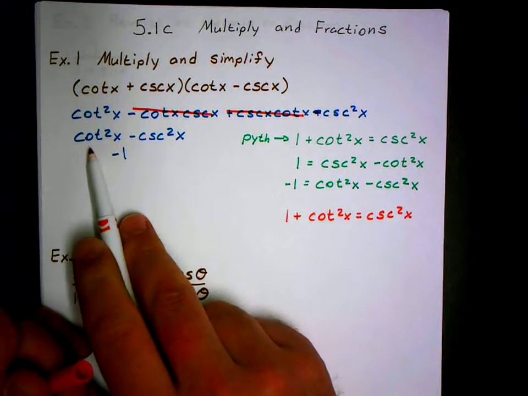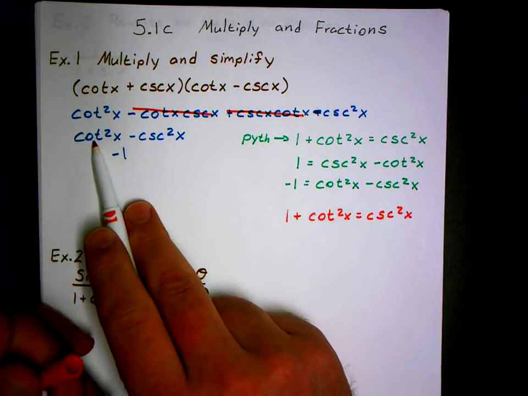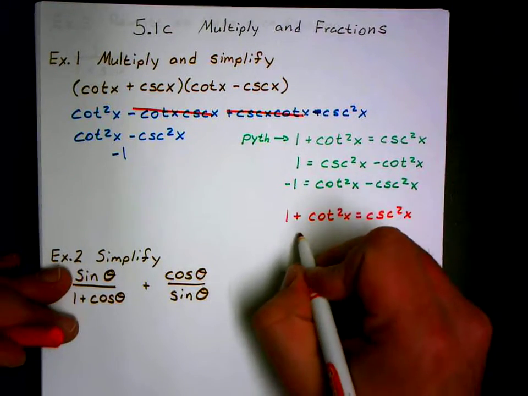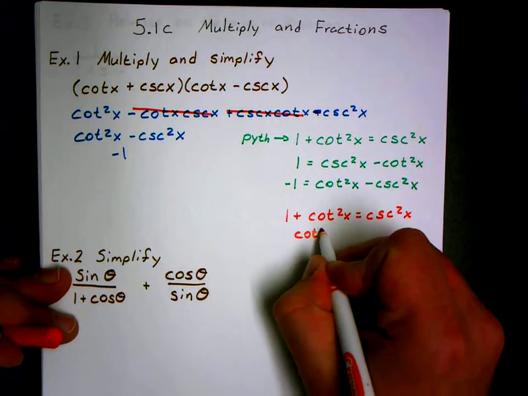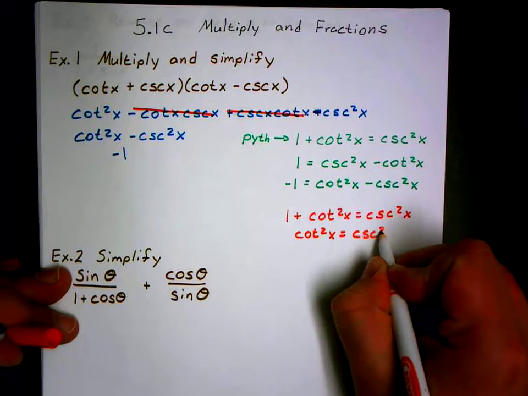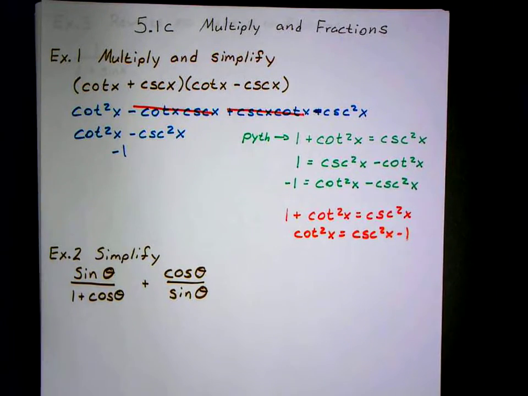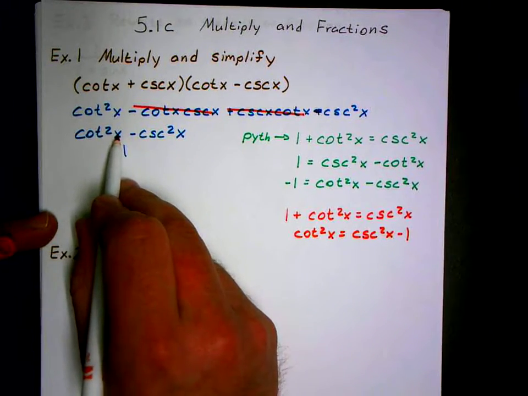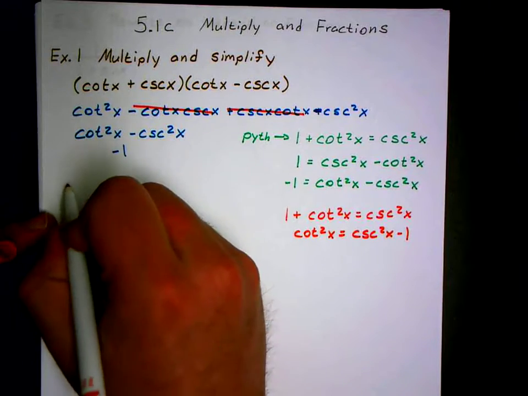So I know that cotangent squared and cosecant squared are related by a Pythagorean. So what I can do is get cotangent squared by itself in the Pythagorean, like that. And then I can replace cotangent squared with this.